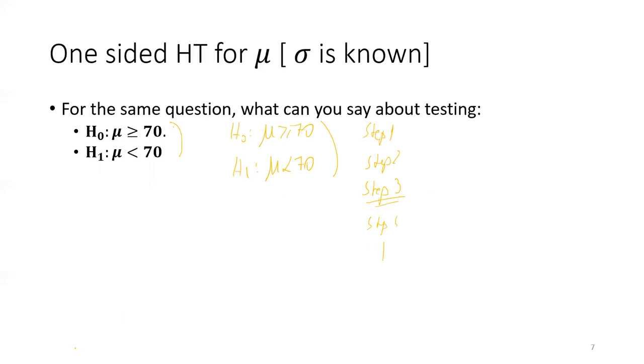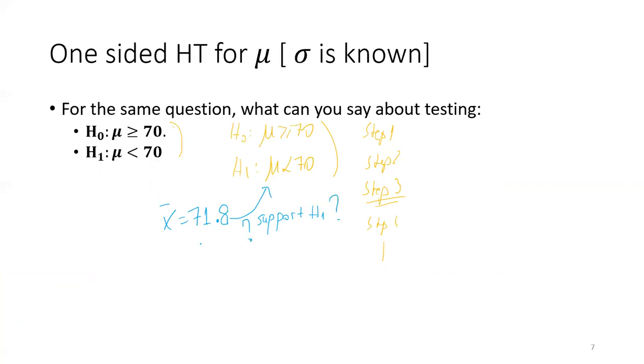But before getting into this, please note this thing. What was our X bar? X bar is equal to 71.8. So this is an evidence, right? Does it support H1?